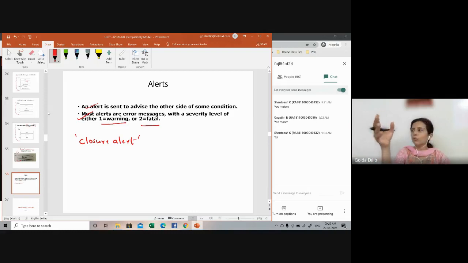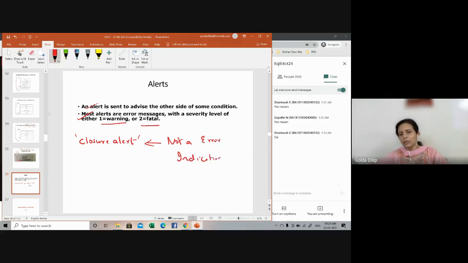In the sense, you want to close it. So that is what the closure alert is all about. The closure alert is not an error indication.